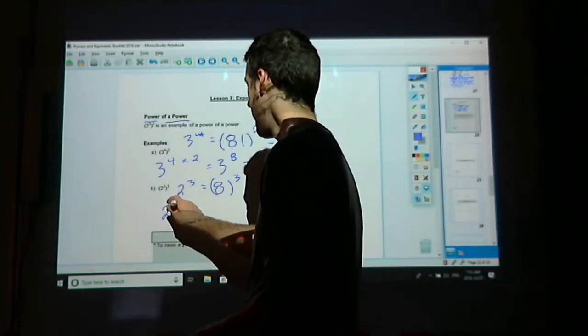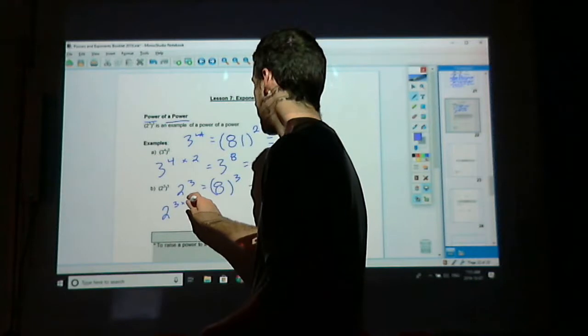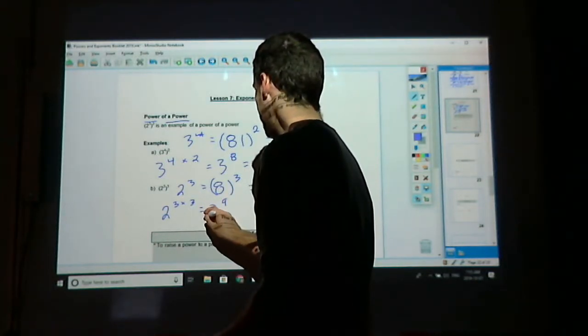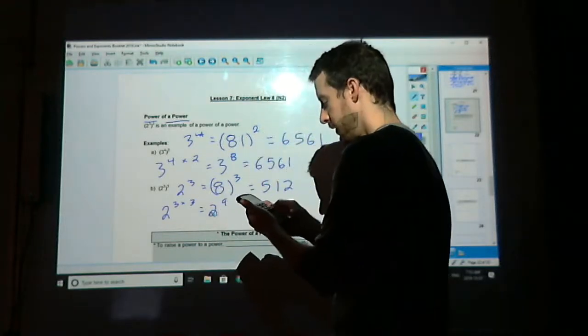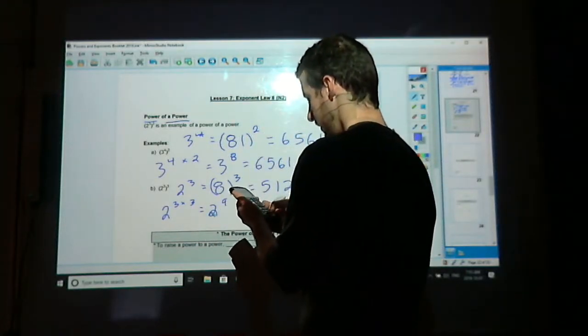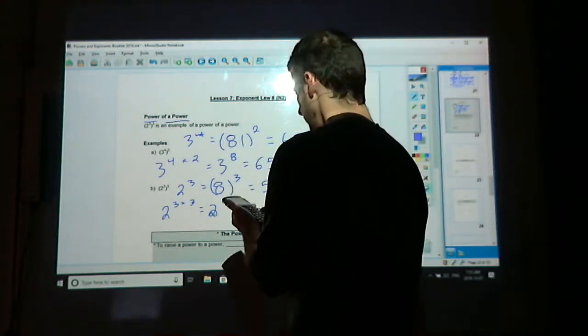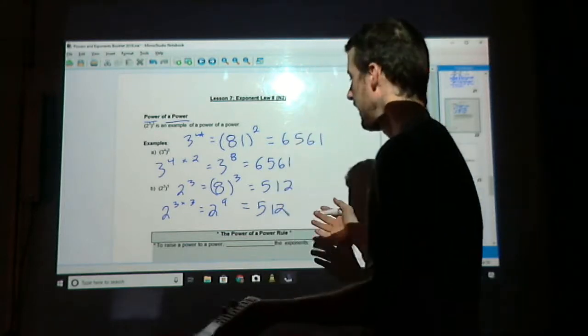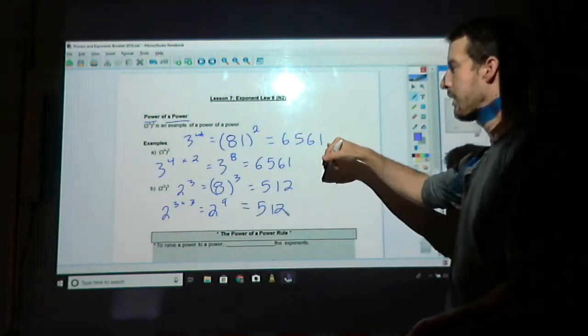So 2 to the power of 3 times 3 is equal to 2 to the power of 9. If we take our calculator, 2 to the power of 9 is equal to 512. So this is where we see both ways of doing it.